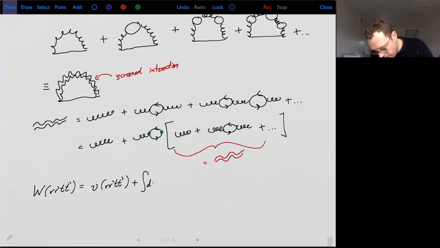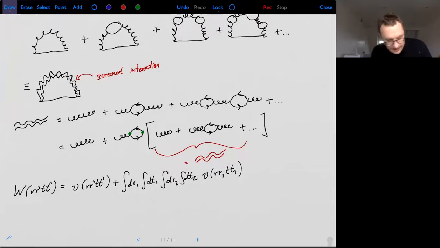So I've got dr1, dt1, dr2, dt2. I've got my bare interaction. Then I have this object here in the middle. So this bubble here, which I will call chi0. So I will have an interaction.